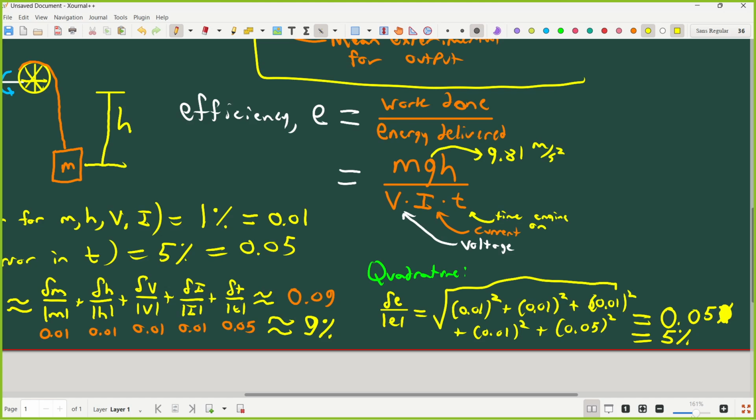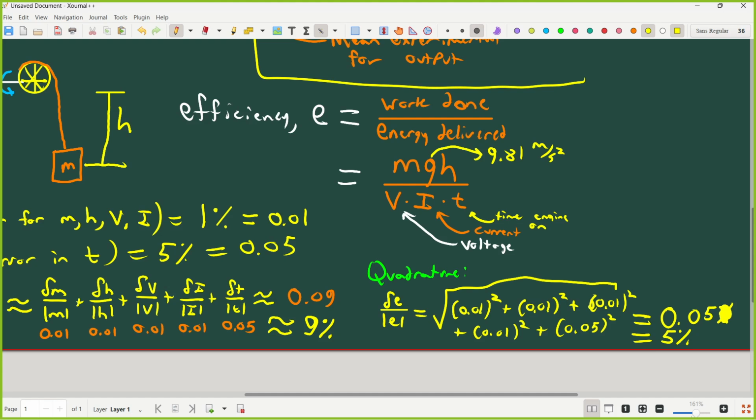So what statistically is the difference between these two approximations? Why is one better than the other? The answer is no. It's just a matter of perspective. I would call this a more accurate depiction of the error in your efficiency. This is more of a worst case scenario. And let me explain what I mean by that.